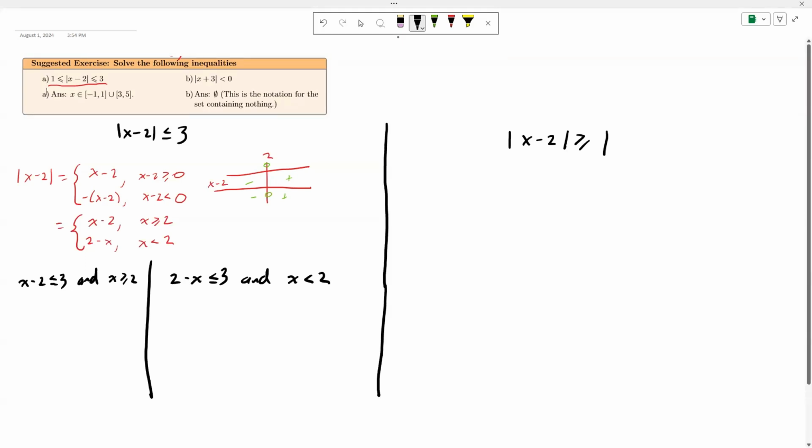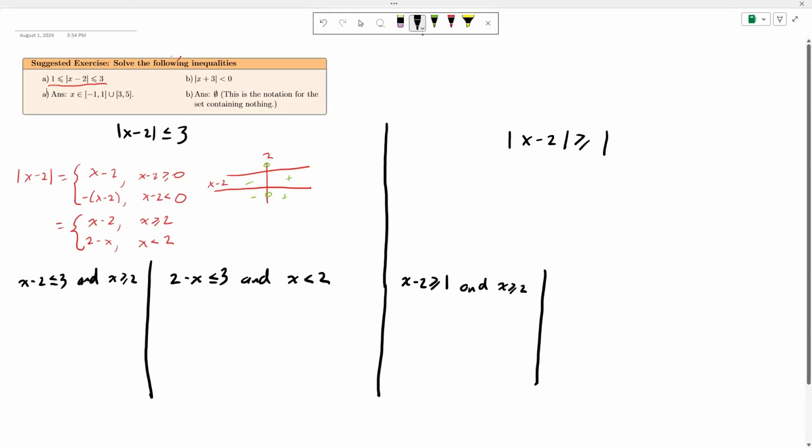Okay. Over on this side, we have the same sort of problem. It's the same absolute value we're splitting, but we're splitting it into 2 subproblems based on positive and negative. So we get x minus 2 is greater than or equal to 1, and x is greater than or equal to 2.